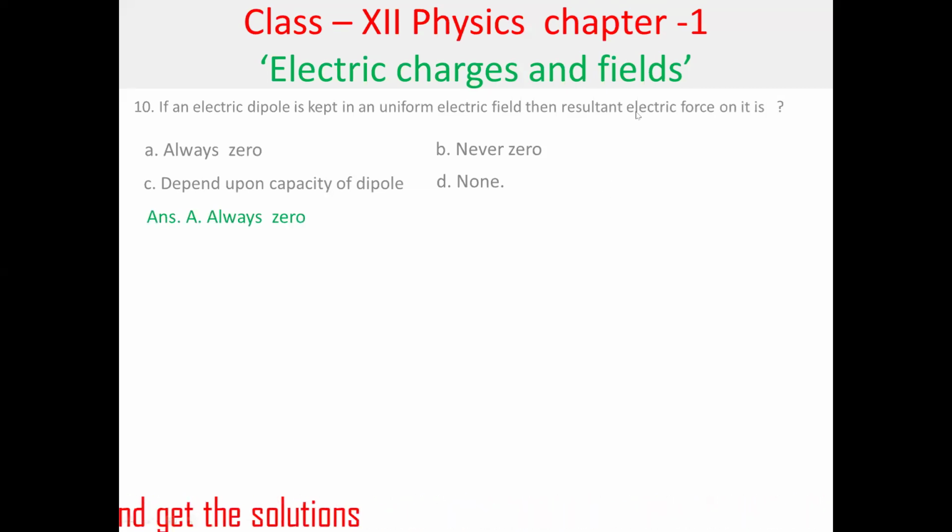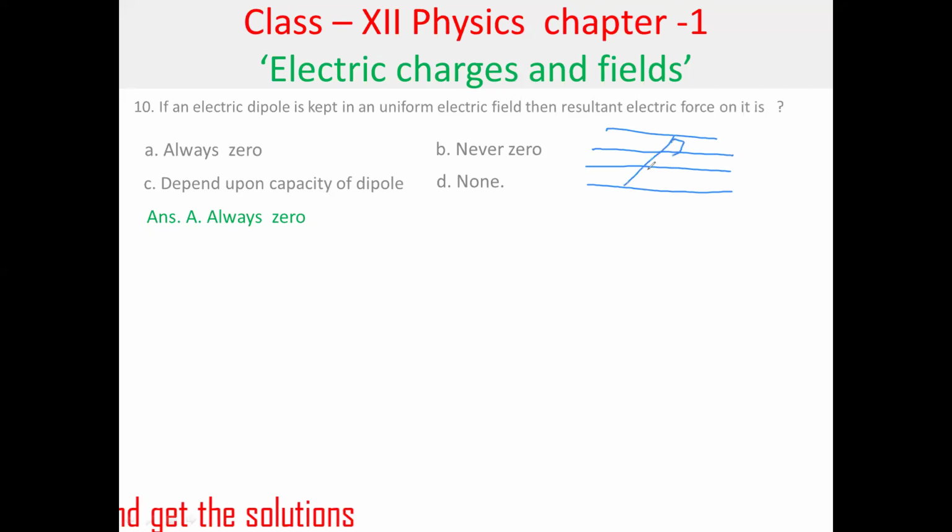Because I have already explained to you that if this is the electric field and you place a dipole here, there will be one force, because this is a negative charge.